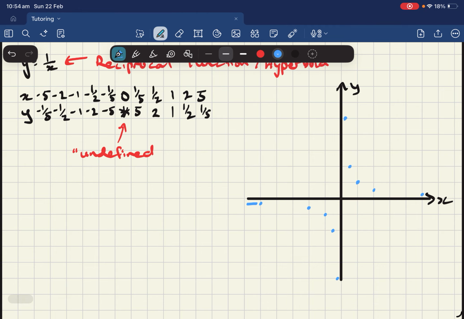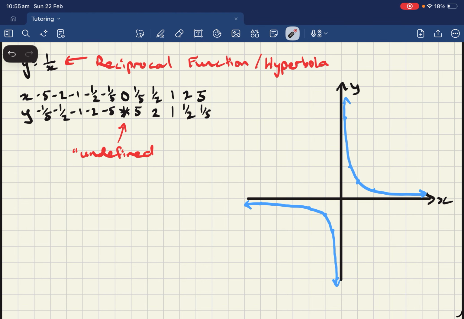So just connecting the dots, I'm going to try to draw a continuous curve that passes through each of these points. I get this part in this quadrant, and then here, I'm going to get a similar thing happening. And I get this over here. Now we can see that the graph is in this quadrant and this quadrant, and we can see a pretty clear asymptote.